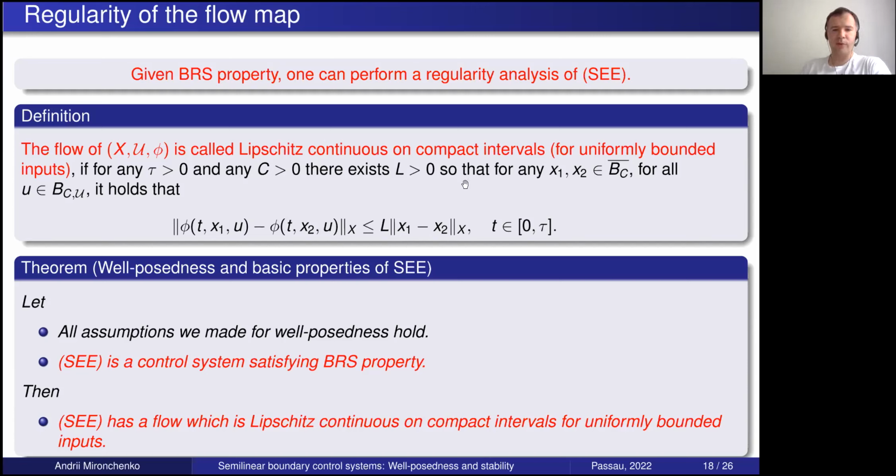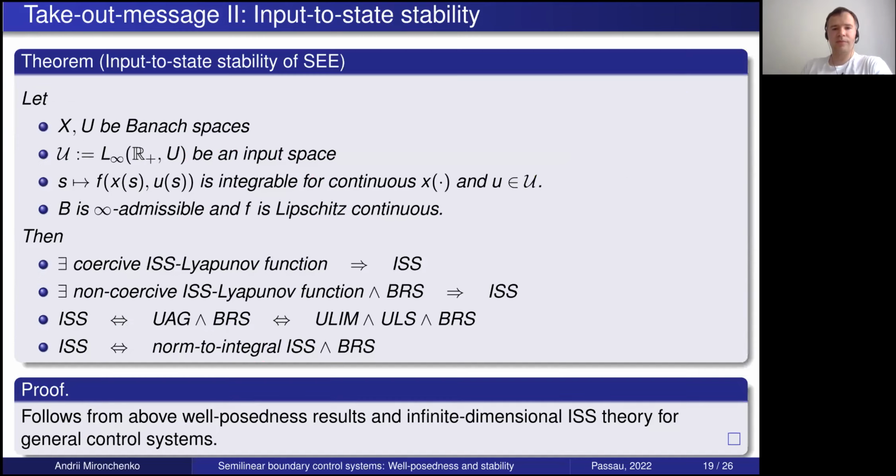This property is important, for example, for converse Lyapunov theorems. If all the assumptions we made for well-posedness, so infinite-time admissibility and local Lipschitz continuity of F, hold, and if the system has the boundedness of reachability sets property, then our system will have Lipschitz continuity of the flow, which is good news for the Lyapunov analysis of such systems.